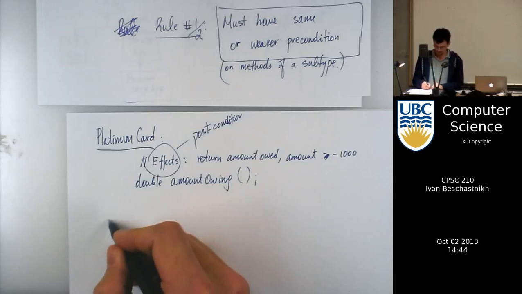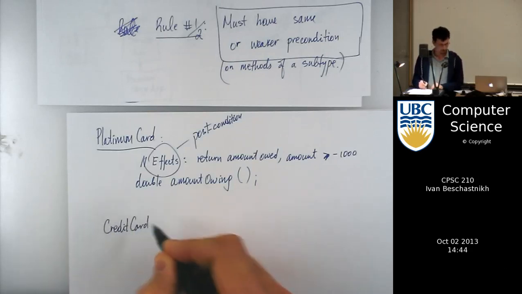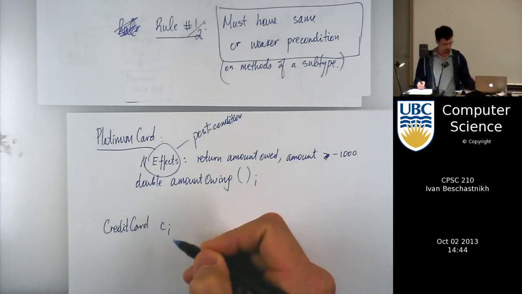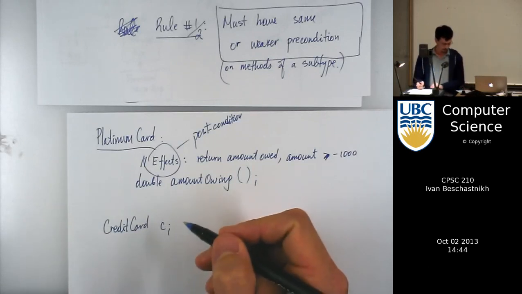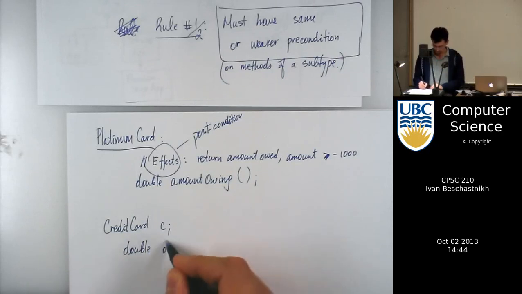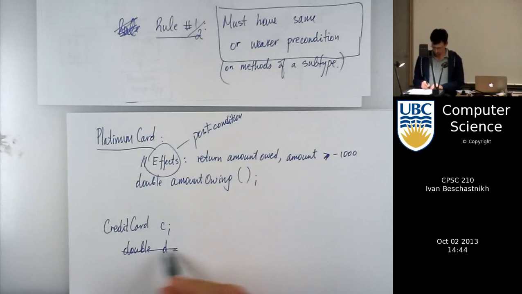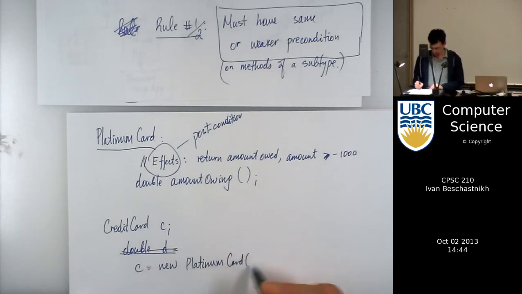So again, I'm going to define credit card C, and I'll say double D equals new platinum card.